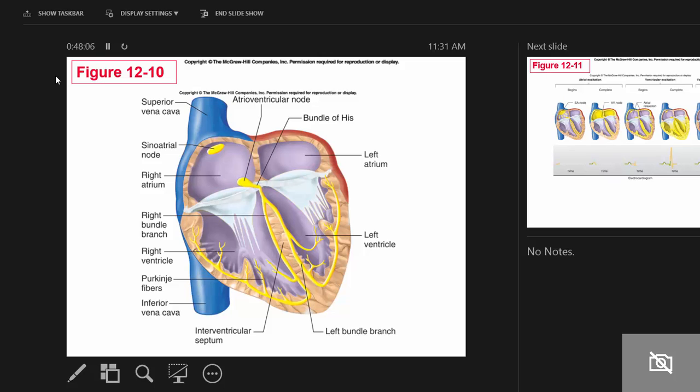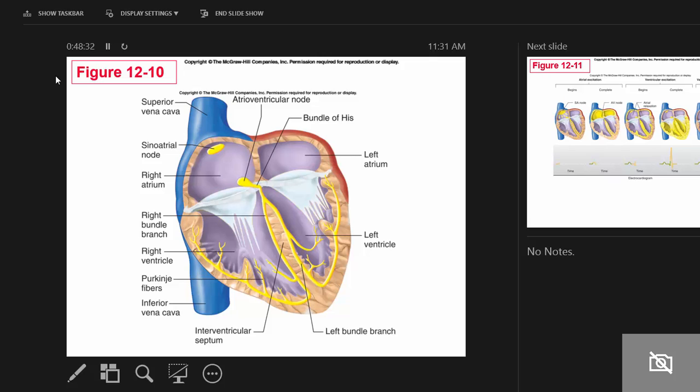And this AV junction is insulated. You can think about this as a sheet of insulation that separates the two atria, the top chambers, from the two bottom chambers. It is insulated. That's really, really important.